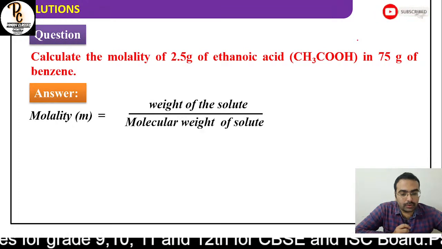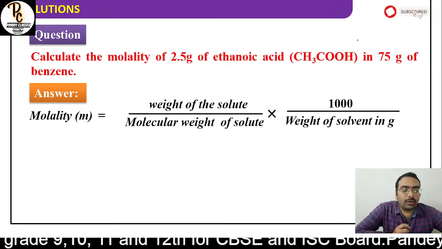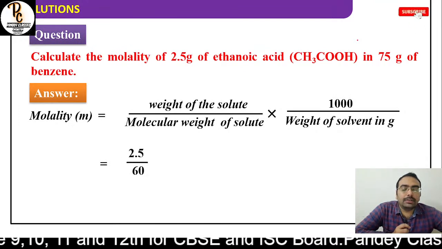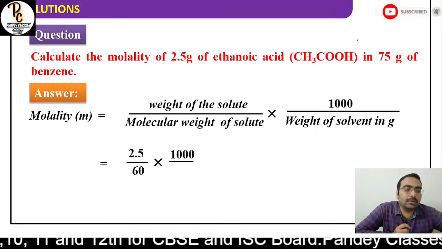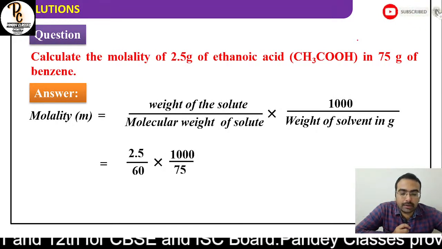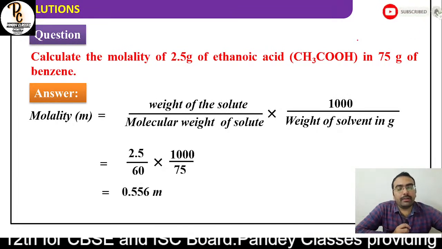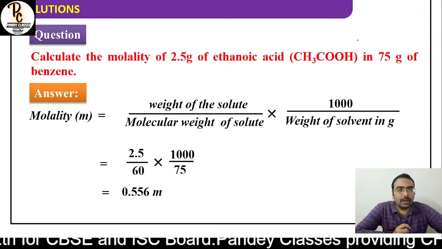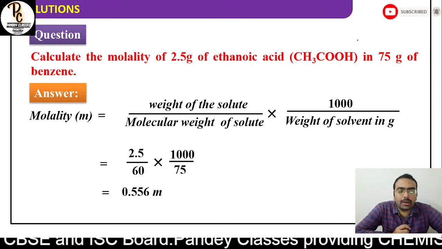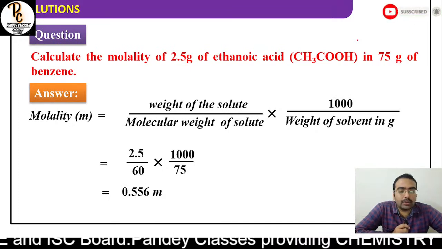Molality is weight of solute upon molecular weight of solute, times 1000 upon weight of solvent in grams. So it is 2.5 upon 60, times 1000 upon weight of solvent in grams, divided by 75. So this will give us 0.556 molal. And this type of questions are very important and very easy. The thing is we have to be very good in calculation.